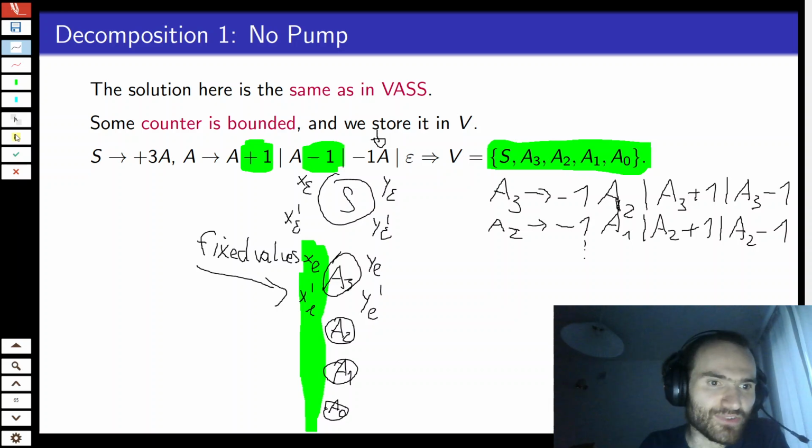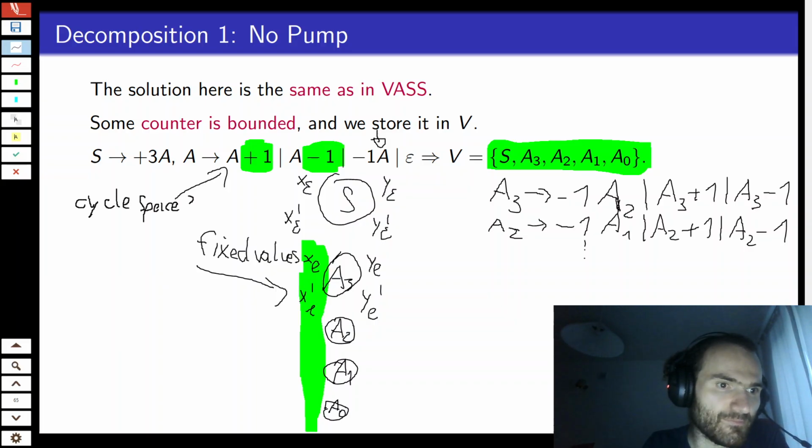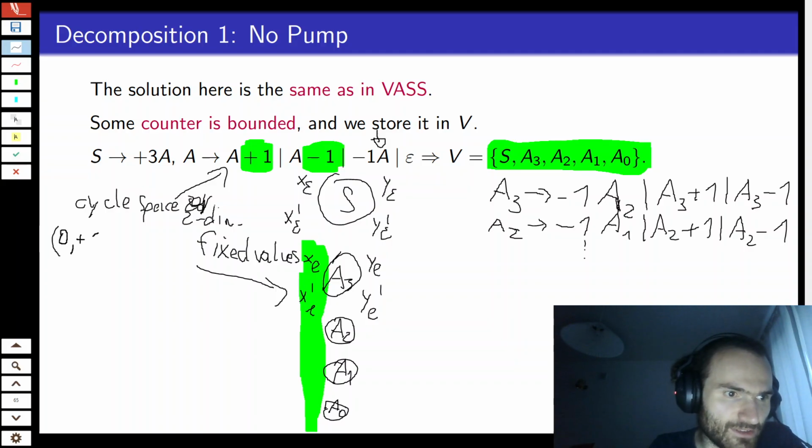And so now in the new grammar, remember the cycle space. The cycle space here of A was two-dimensional. Why? Well, the cycle space was generated by 0 plus 1.